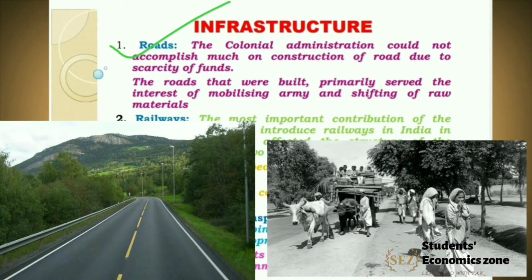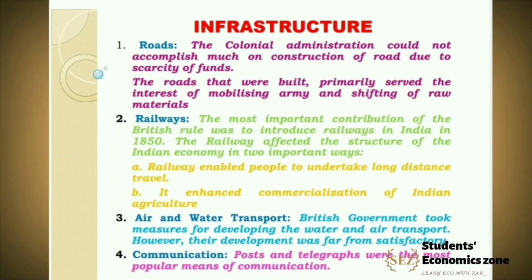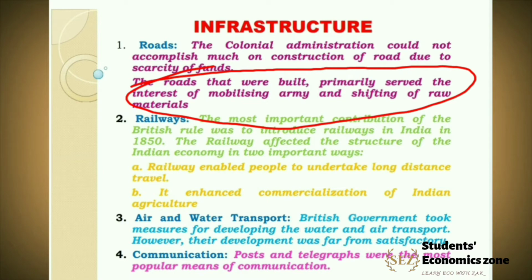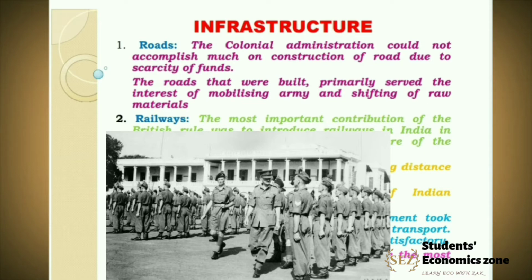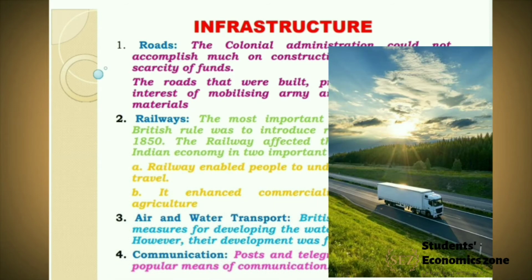The colonial administration could not accomplish much in the construction of roads due to scarcity of funds. Actually, these roads were built primarily to serve the interest of mobilizing the army from one place to another, as well as for shifting raw material from one place to another. For this purpose only, they constructed roads.